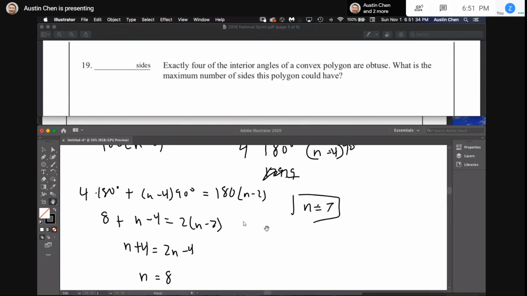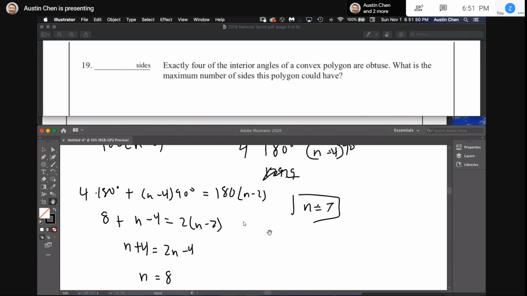For this problem, you can also think about it this way. If you visualize it, four of the sides are obtuse, so there's five sides.